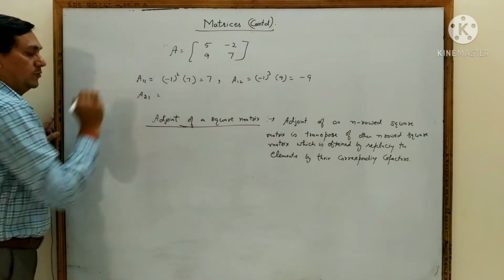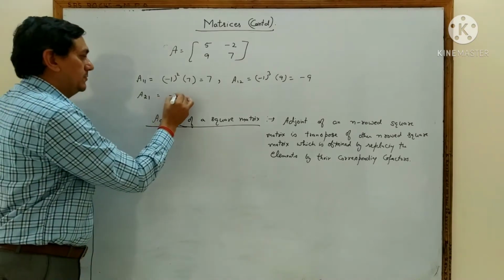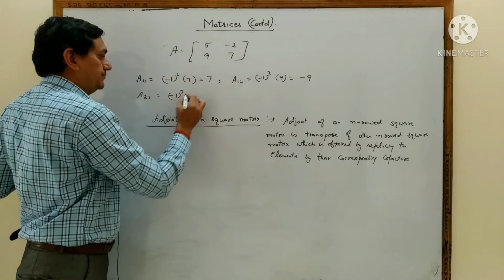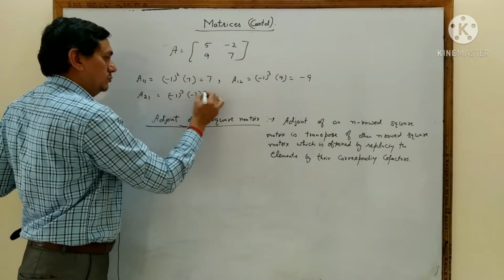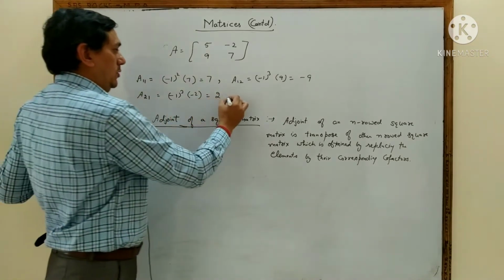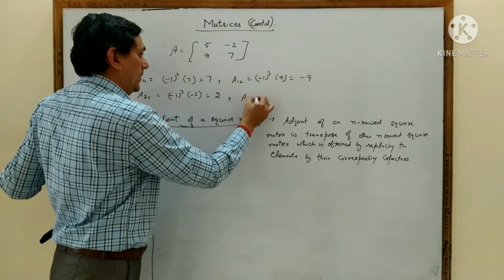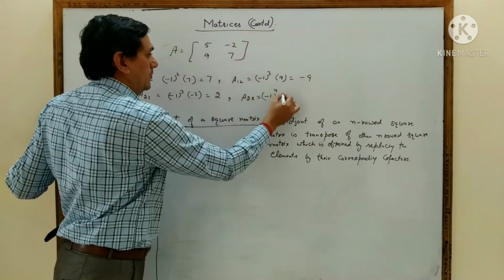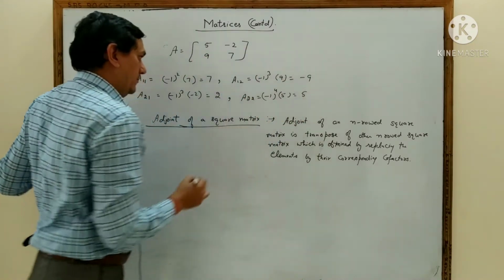Now A21: minus 1 raised to the power 3, second row first column gives minus 2, which comes out to be plus 2. And A22: minus 1 raised to the power 4, we get 5.